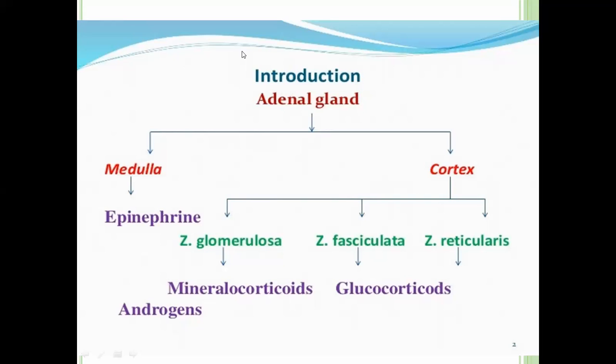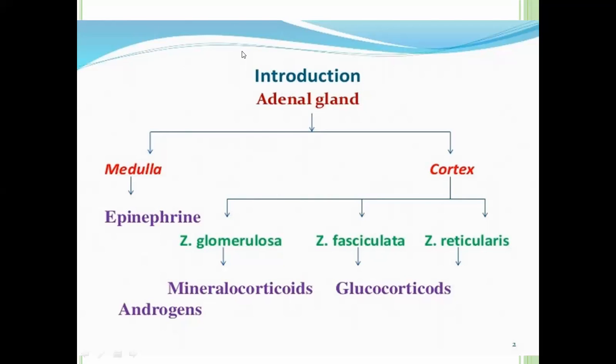The adrenal gland has the adrenal cortex and adrenal medulla. The outer part is known as the adrenal cortex. This adrenal cortex again has three parts or zones: the middle part, inner part, and outer part. The middle part of the adrenal cortex is known as zona fasciculata.